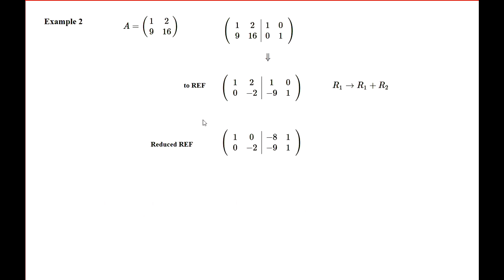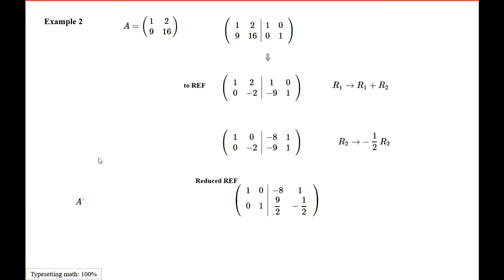The only thing which has to be changed is we have to scale out -2 from the second row. And that's my second choice of the operation. The moment I do that, I'll have a perfect identity matrix on the left-hand side, and that's where the process finishes. This is the reduced row echelon form, and the right-hand side of that reduced row echelon form is the inverse of my original matrix A, I should say.